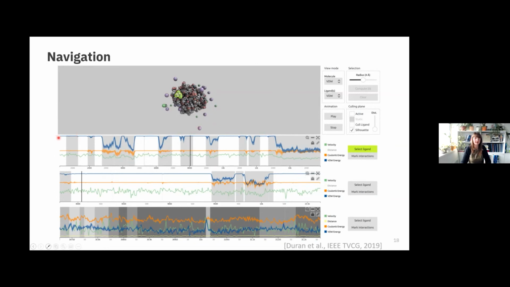So for each of these ligands, we were having one plot here. And again, these lines are different properties, parameters, which we were observing. And these background gray rectangles here are navigating the user to something which is important and interesting to observe. So for example, here we can see that this bottom part for this ligand, it was important for some reason.